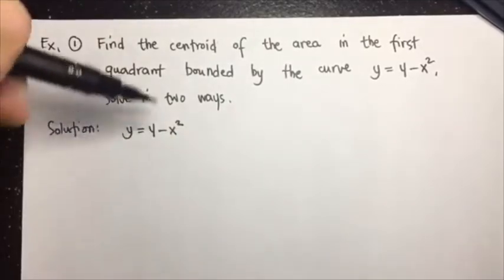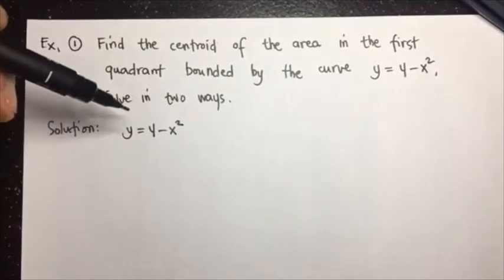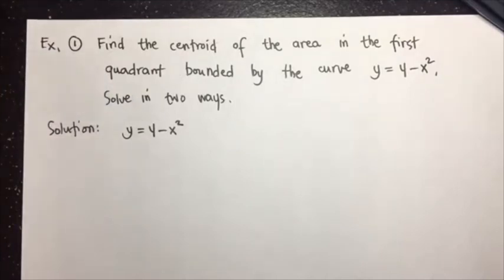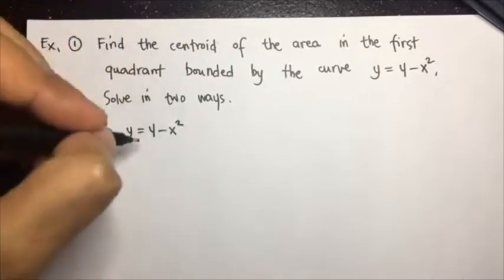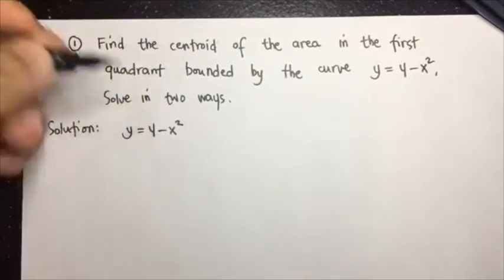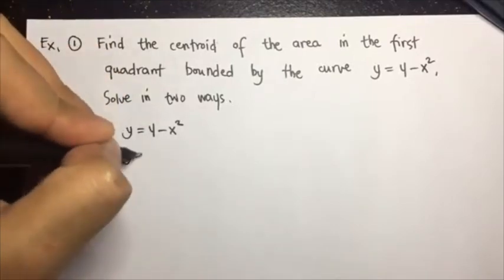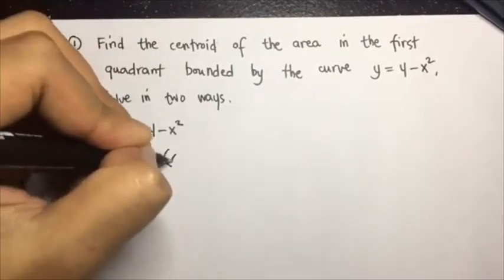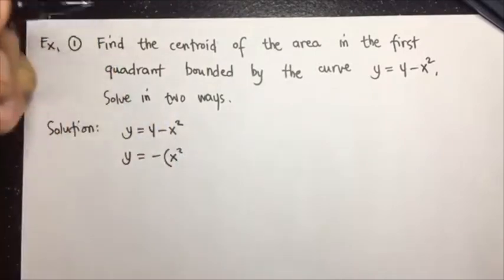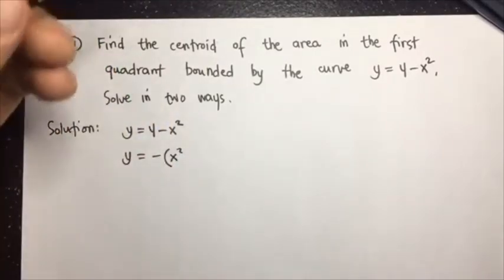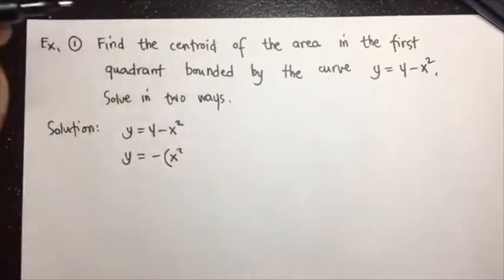This, I think, is a parabola opening downwards. If we factor out negative 1 on the right side, so y is equal to negative x squared minus 4.